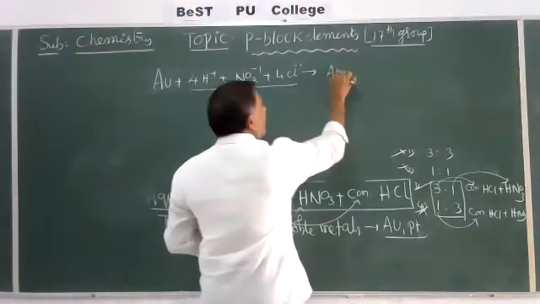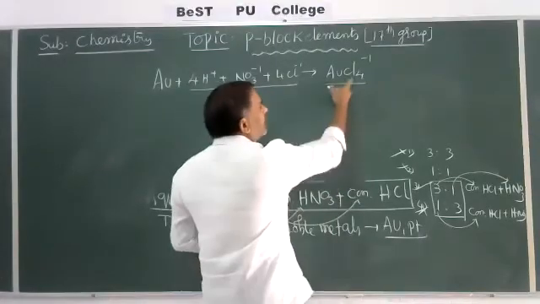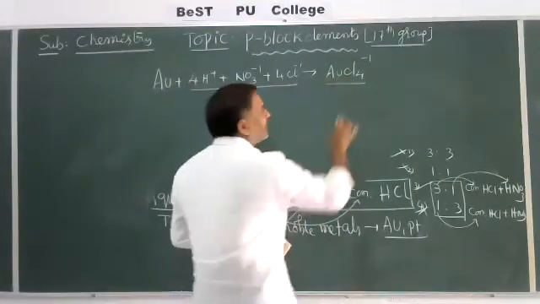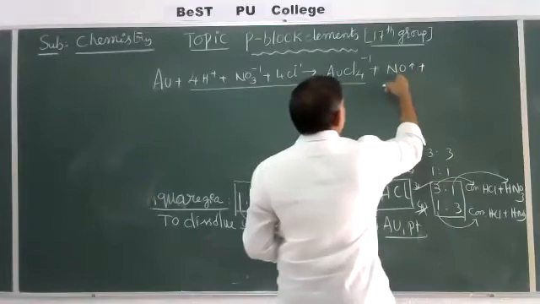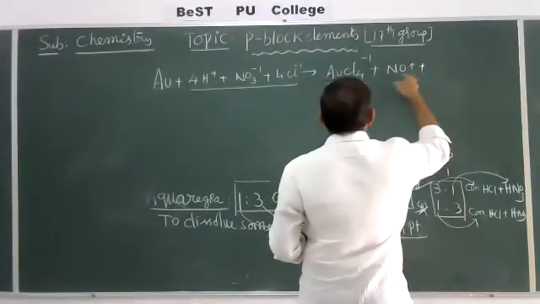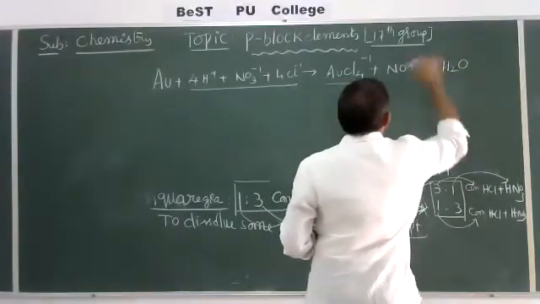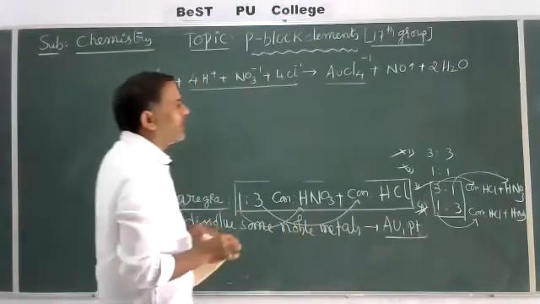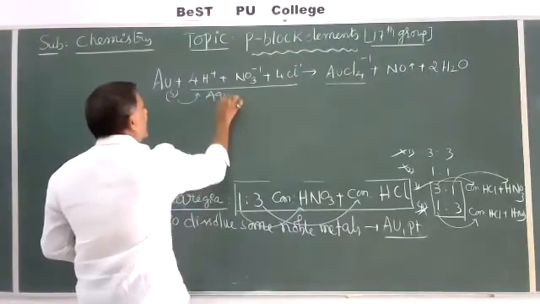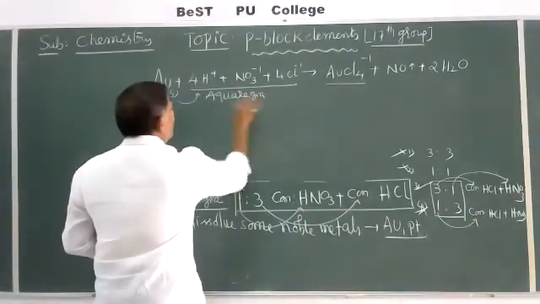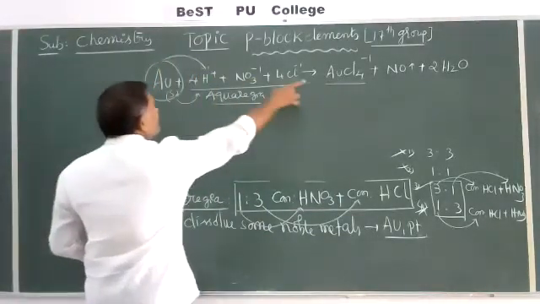That gives the corresponding AuCl4-, which is one complex ion, the tetrachloroaurate complex, plus NO, nitric oxide gas, a colorless gas which gives reddish brown vapors, plus water is formed, 2H2O. Now it is balanced. Solid gold is dissolved in aqua regia and forms the corresponding salts.